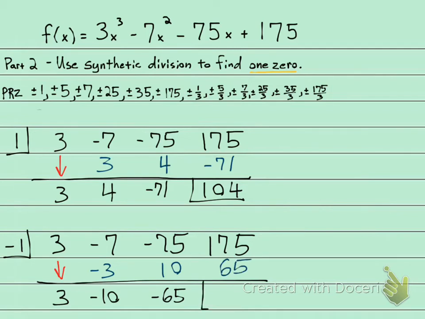And in the box, when I add these two together, 175 plus 65, it's not going to be a 0, I'll tell you that. It's going to be 240. Okay, this is not a 0, so this is not a 0. All right, 2 down. Let's keep going.